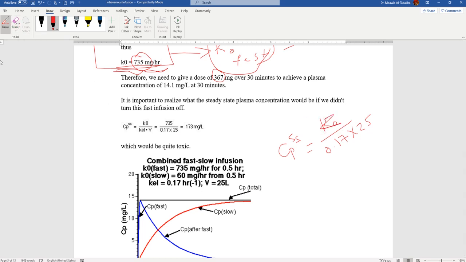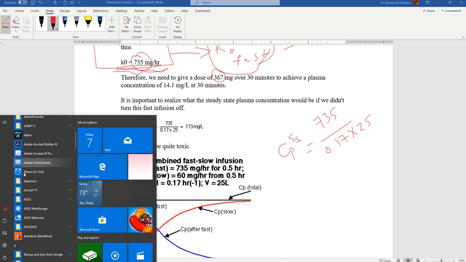K0 is the first one, 735. Okay? In order to do the calculation, let's look at what will happen to my new CPSS.